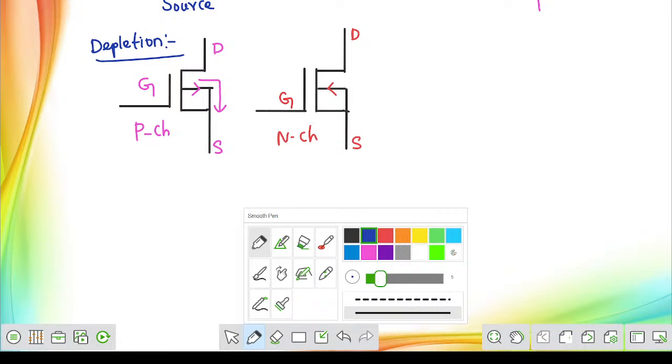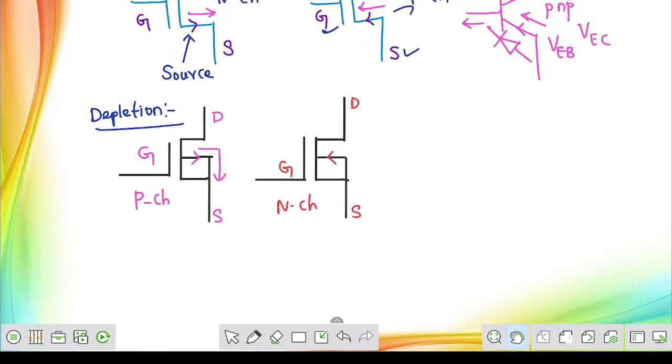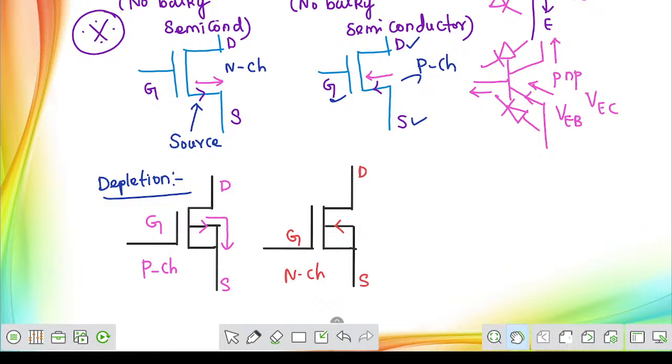As we are observing in the symbolic representation, whenever we are discussing P channel and N channel, enhancement type and depletion type MOSFET, what is the basic difference that you must observe here? In case of N channel MOSFET, if you observe the enhancement type, the direction of the current is going outside.